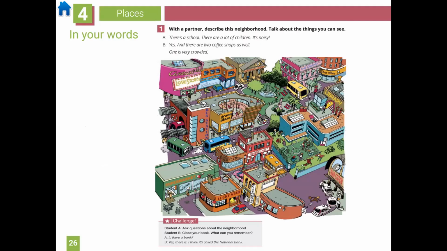For example, if you look at the top left, that pink building, there is a movie theatre. Right? Next to the movie theatre, there is a coffee shop. We're not going to say the name of the coffee shop, we just give the general name for the building. Next to the coffee shop, there is a bank.